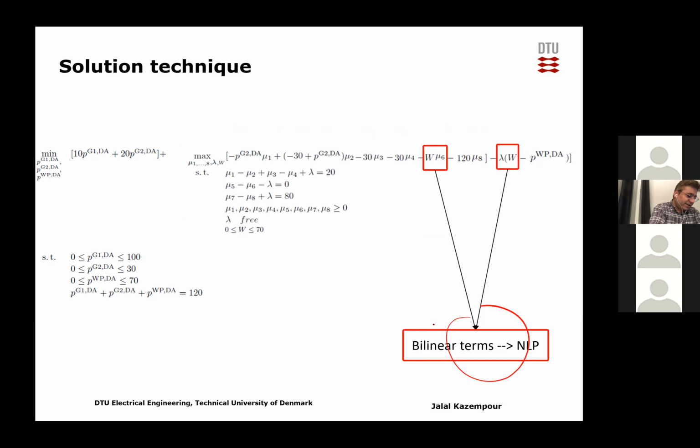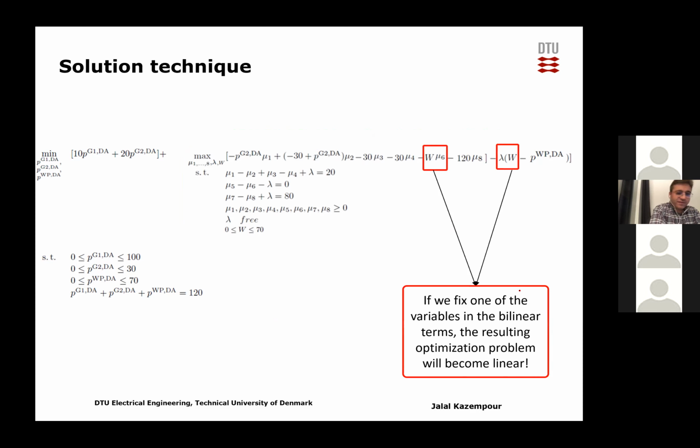Exactly, so we have a nonlinear problem, but if we solve the problem iteratively, assuming that W is given, then it will be an LP. Since our problem is convex, whenever we have a box uncertainty or polyhedron uncertainty set, the worst W is always one of the vertices.